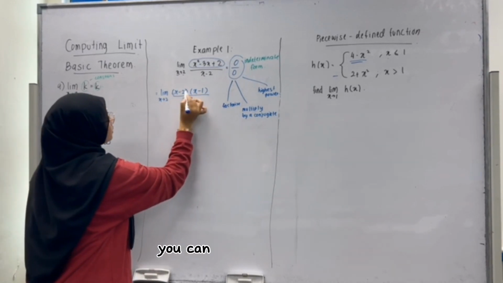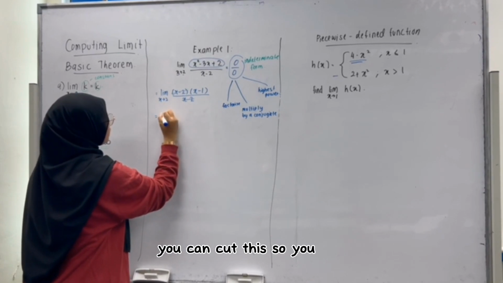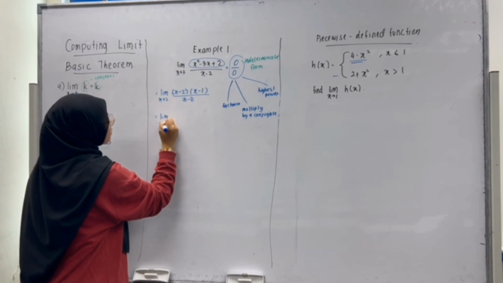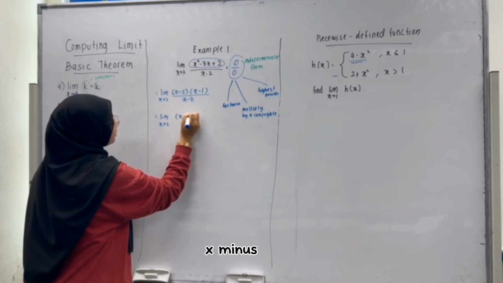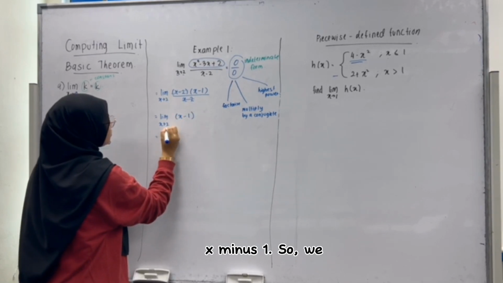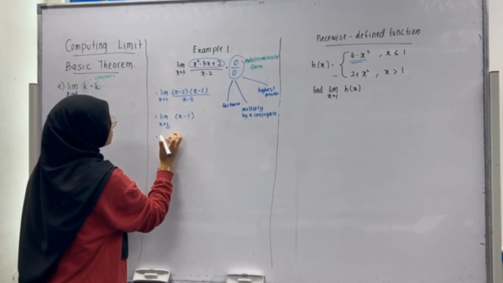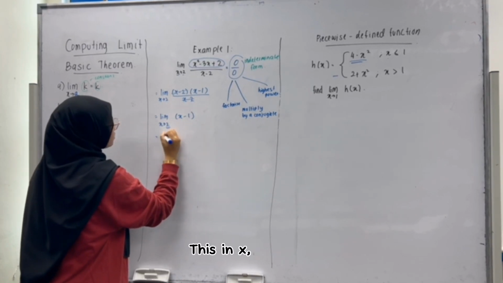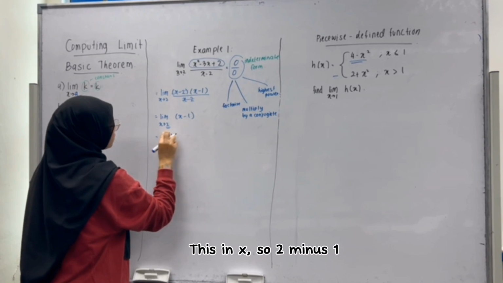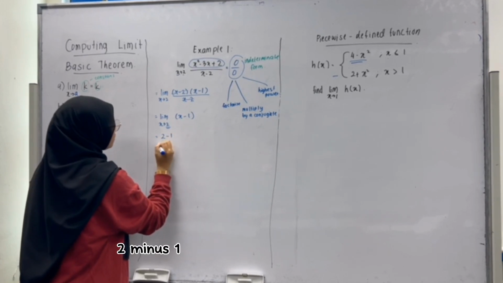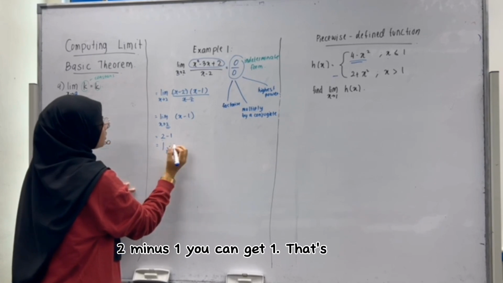Okay, we can cancel this, so we get x minus 1. So we substitute 2 in for x. So 2 minus 1 gives 1. That is the answer.